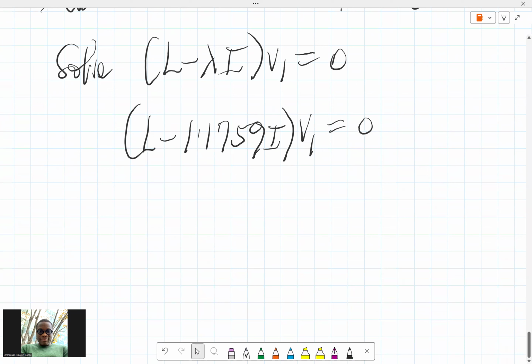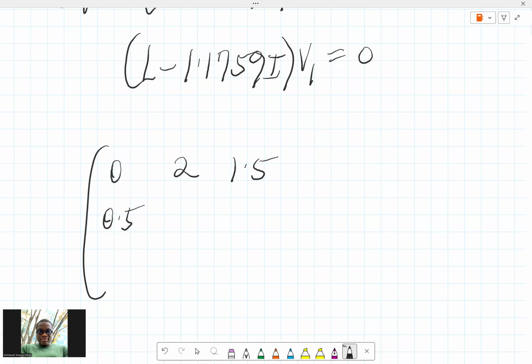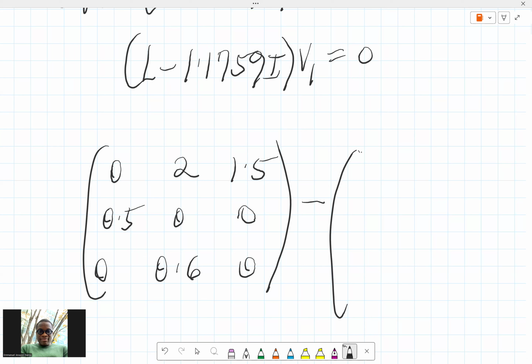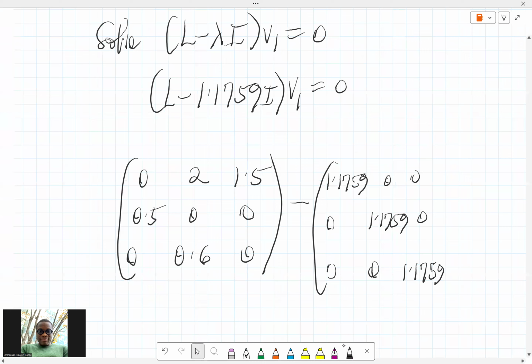So we are going to have the matrix L, with first row 0, 1.5, 0.5, and so on, minus 1.1759 times the identity matrix, so 1.1759 on the diagonal. Okay, so we have to simplify this.